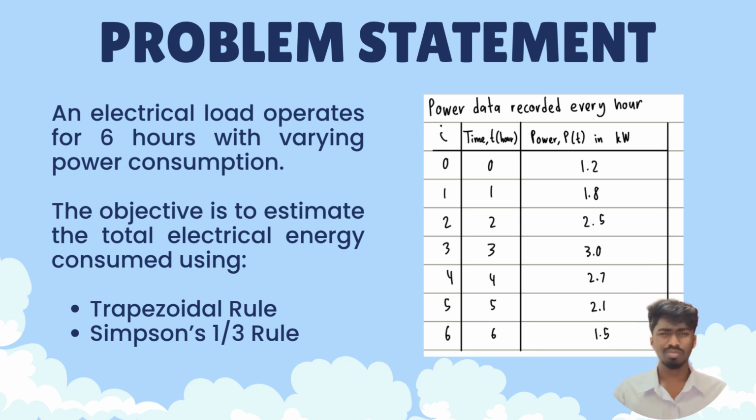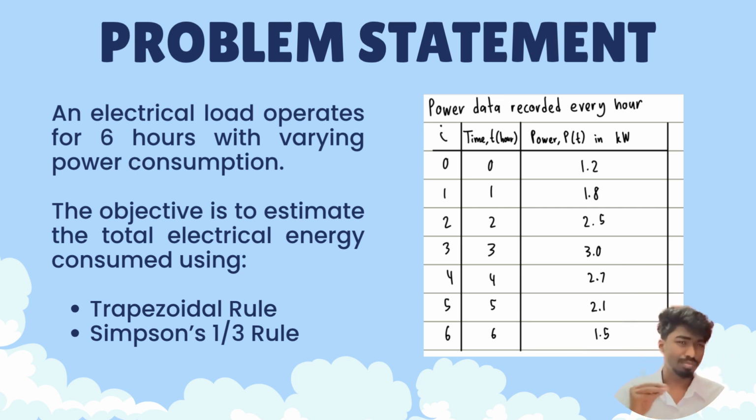Moving to our core problem statement, we are analyzing an electrical load that operates continuously for a 6-hour period. As you can see in the table on the right side, the power consumption in kilowatts is recorded at hourly intervals, giving us 7 discrete data points from 0 hours to 6 hours.